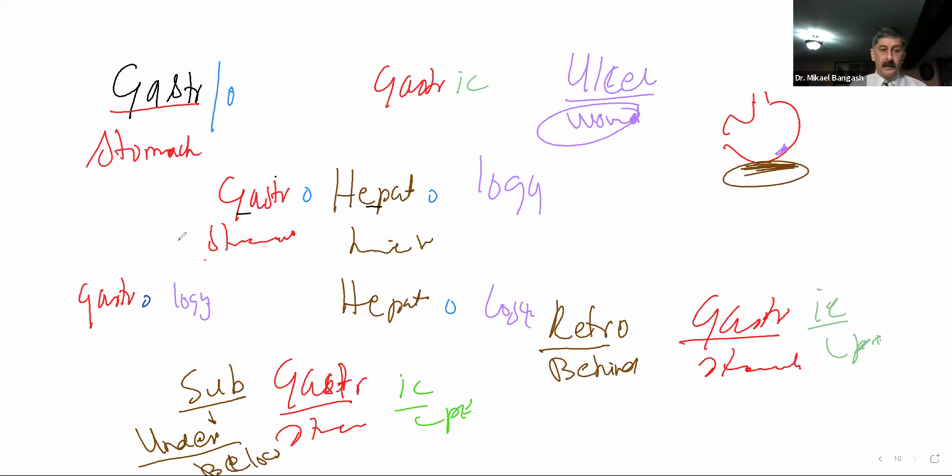So if you, for instance, look at the stomach, then we take a side view. Let's say this is the stomach. I just say that this here is the front or anterior wall of your abdomen. What's going to be behind the stomach is what we may refer to as being retrogastric. The word retro just means behind.